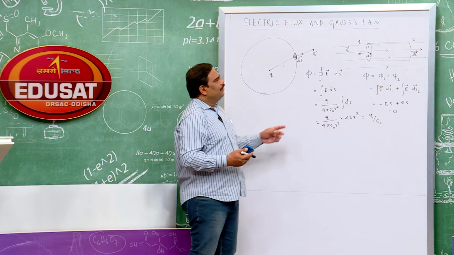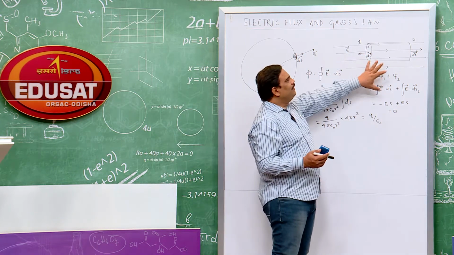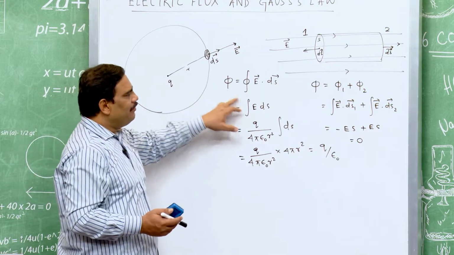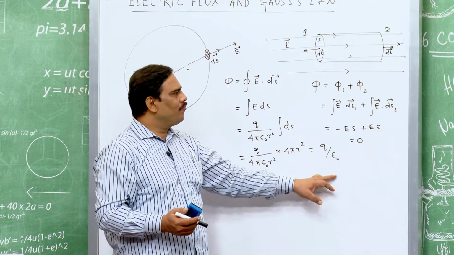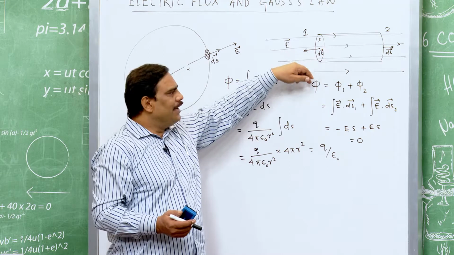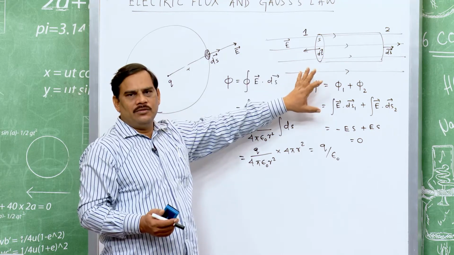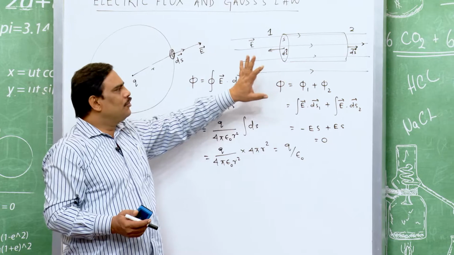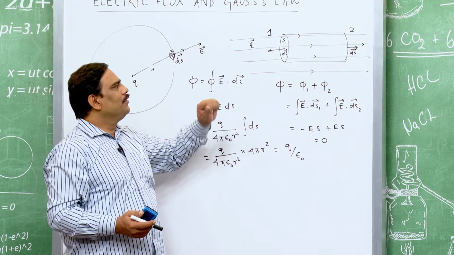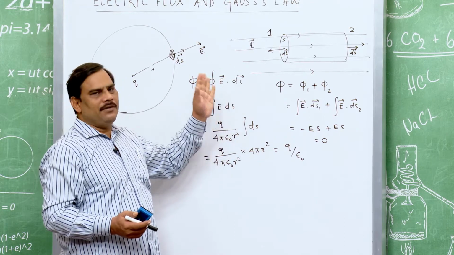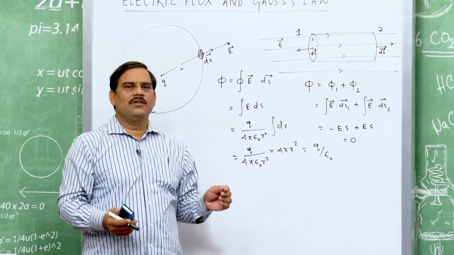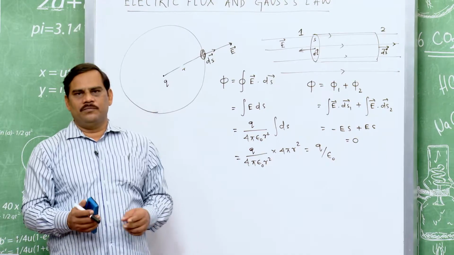We can see one thing, that when a charge is enclosed within the surface, we are getting a valid flux linked with the surface. But when there is no charge enclosed within, we get flux phi equal to 0. So, we can conclude here that if a charge is outside the surface, then obviously the flux linked with the surface is 0.